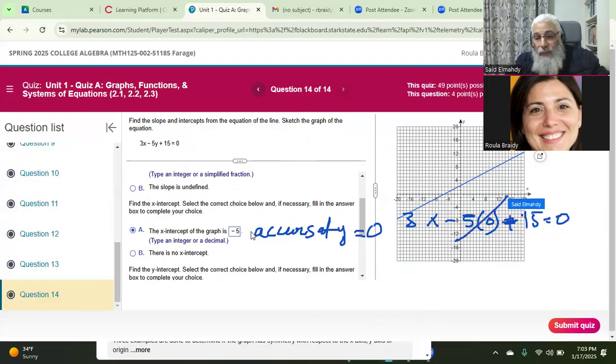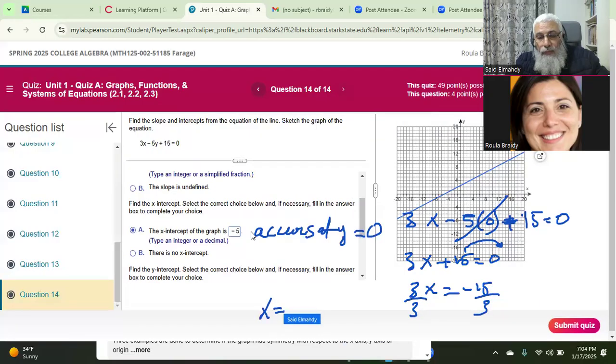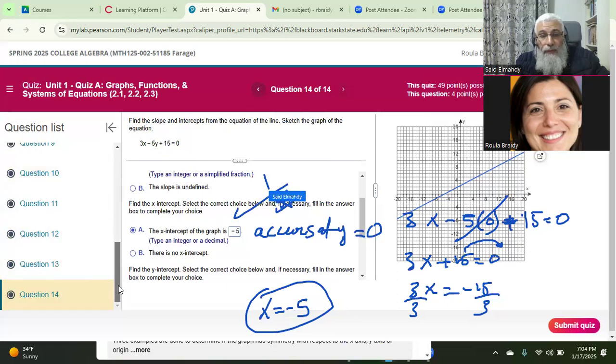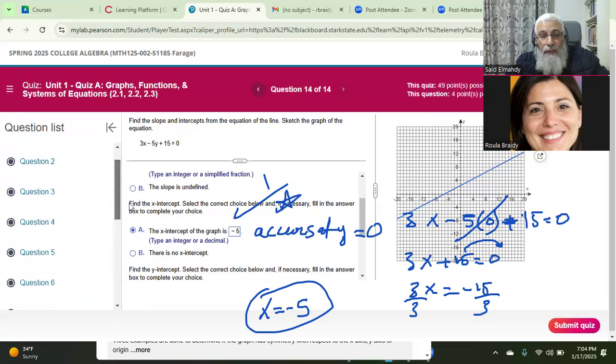This is 0. So 3x plus 15 equals 0. Move this to the other side. 3x equals negative 15, divided by 3. X is equal to negative 5. Correct? Okay, awesome. All right, so we're done here.